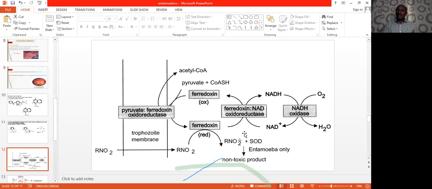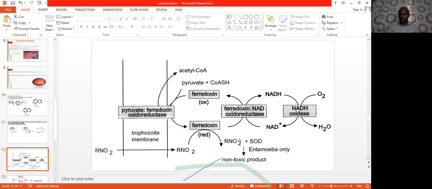Okay, they can damage DNA. So you have to understand that the metronidazole nitro group will be converted into radical form, and this radical form gives you superoxide, and these superoxides are highly reactive species, so they can damage the DNA.